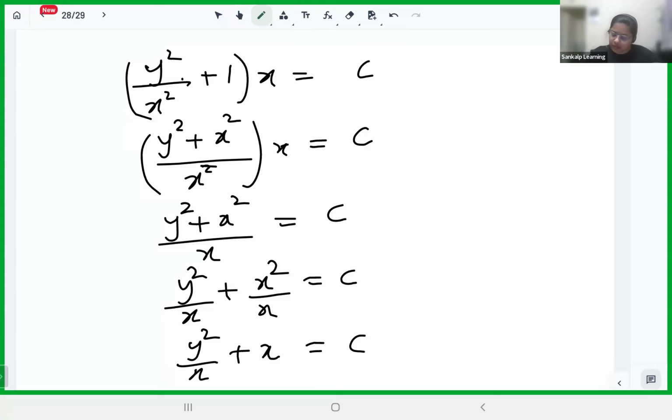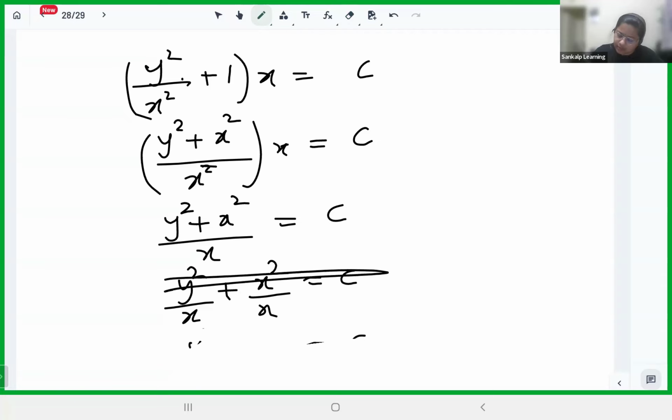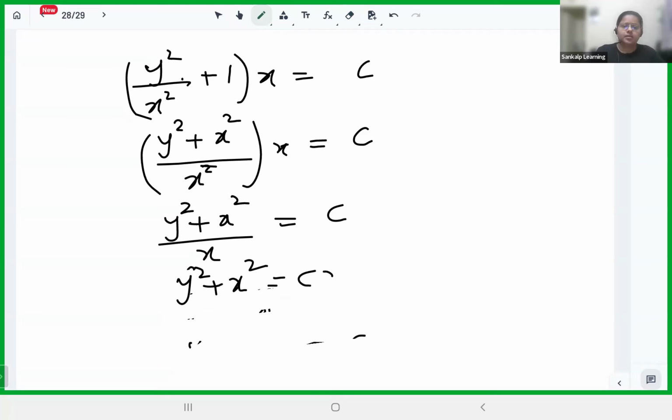Or you can take x common, so this means y square plus x square is equal to c into x. So this is the solution of that particular differential equation.